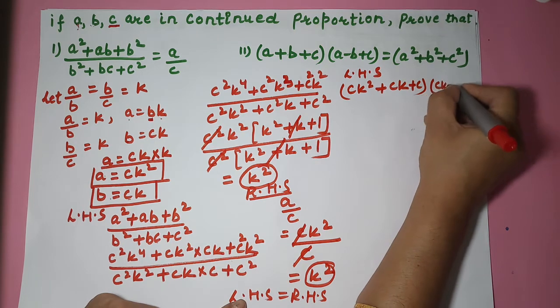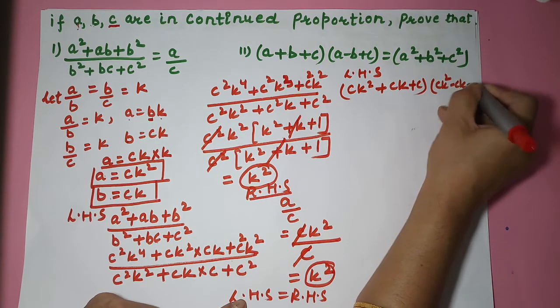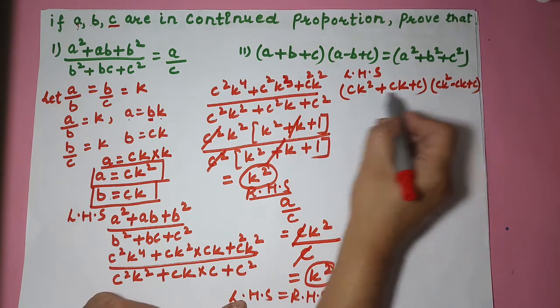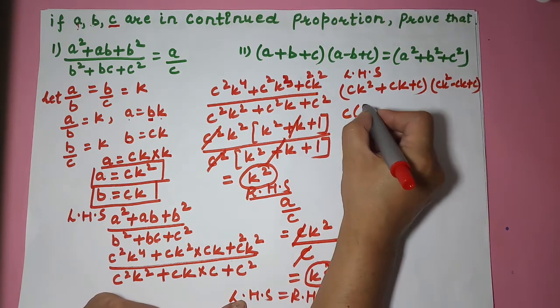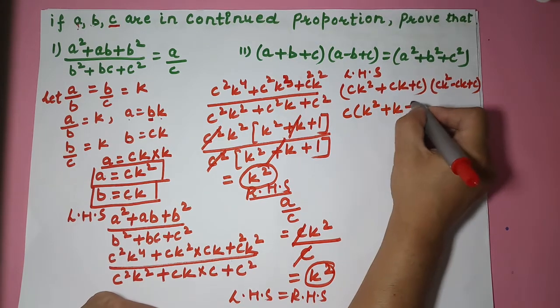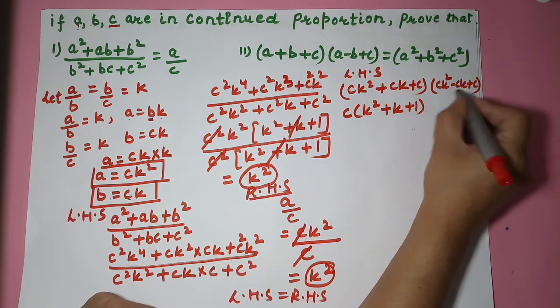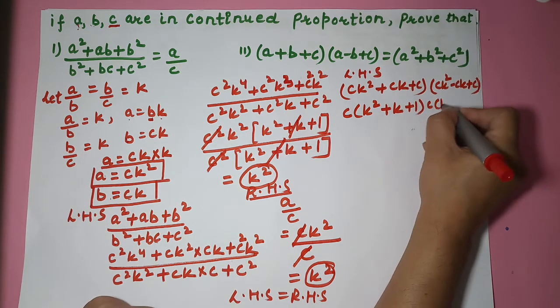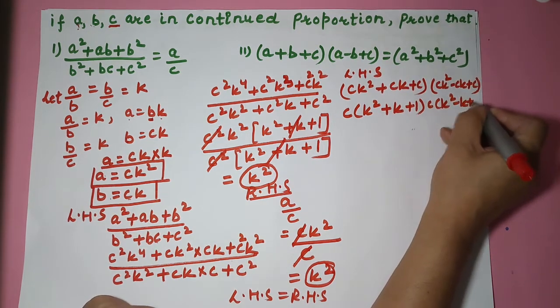So I have CK square minus CK plus C, right? Here I can take C common. What is left? K square plus K plus 1. And here also if I take C common, what will I get? K square minus K plus 1.